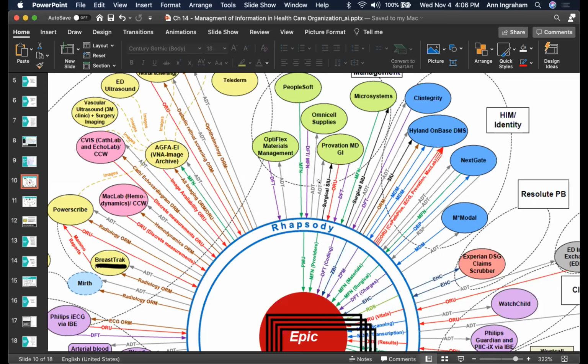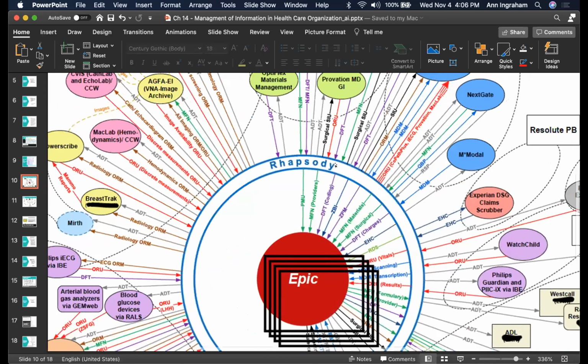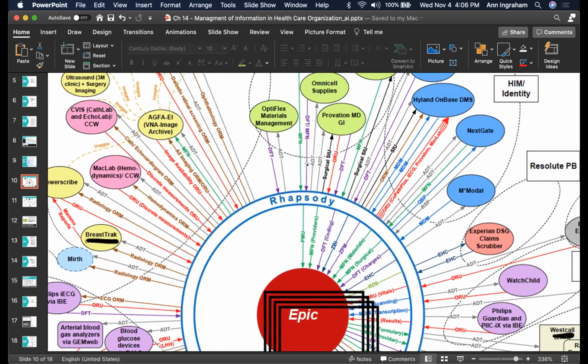The ADT message is again an HL7 message, okay? It's their admission, discharge, and transfer. So it'll have like the patient's demographic information, patient name, their date of birth, their address, all of those types of things, okay?